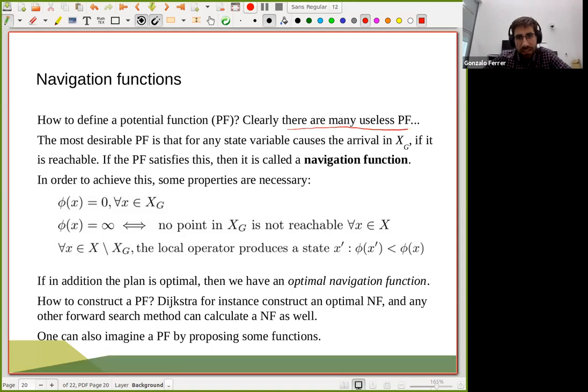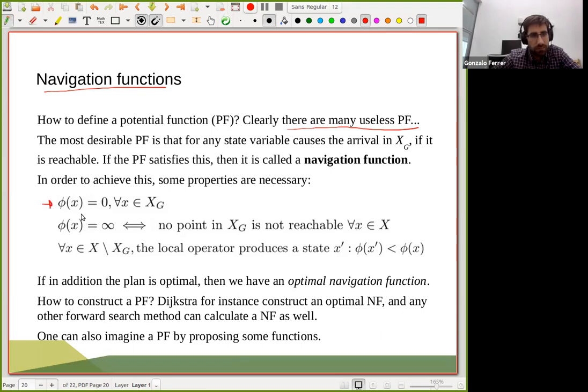Okay, this is the first remark. There are many potential functions that are useless. Why are they useless? Because they are not going to solve the problem, and what you want is to solve the problem. So now there's going to be this relation between potential functions and navigation functions. In the ideal case, imagine that someone proposes a potential that has these characteristics.